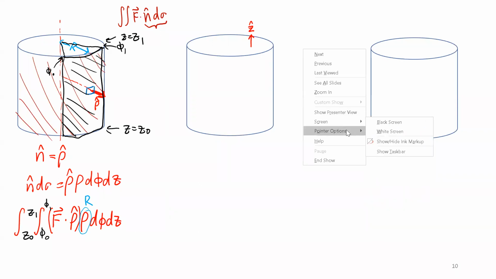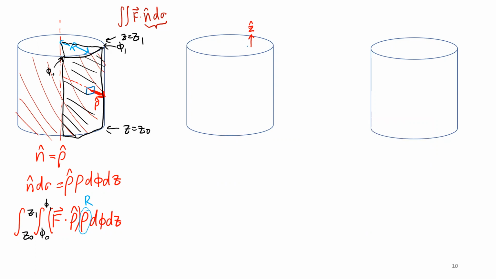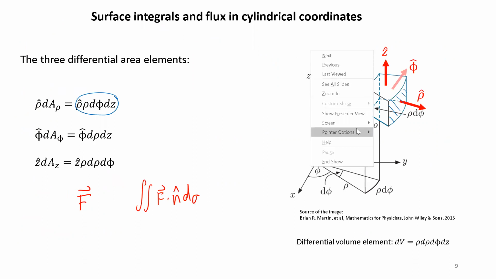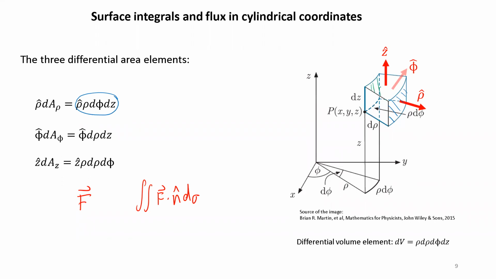So then the small differential area element would be this part. If I look at this circular part, you are just thinking of polar coordinates. So if I'm doing this part here, I'm taking this part.